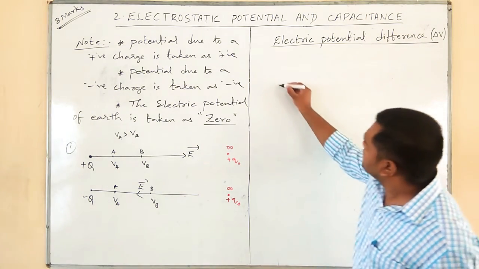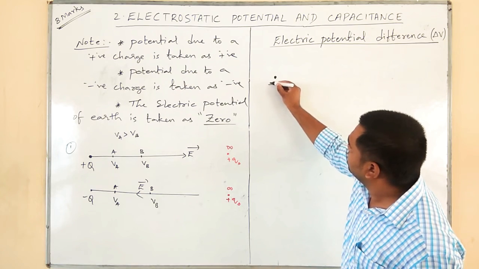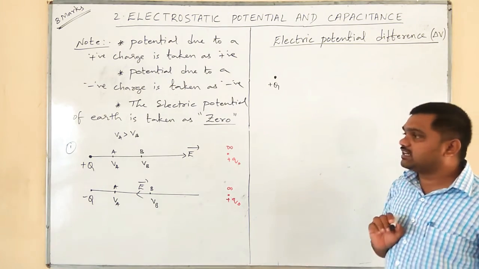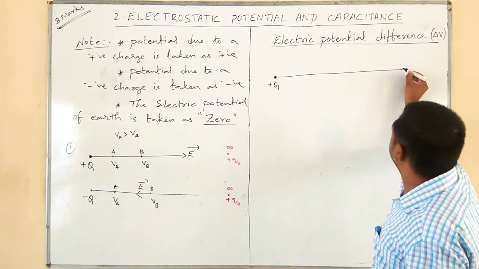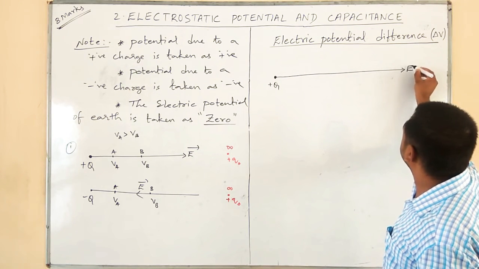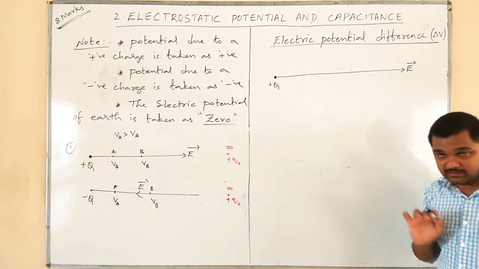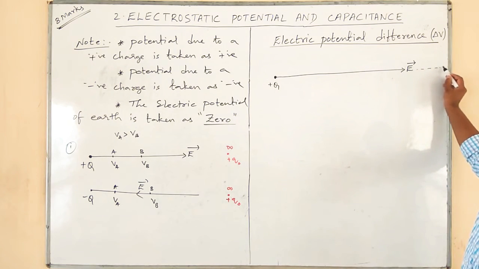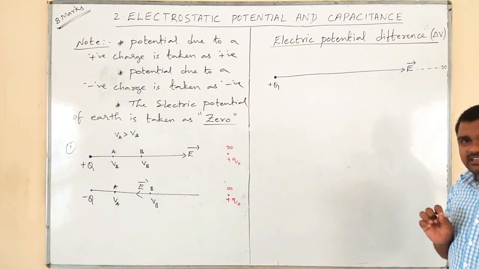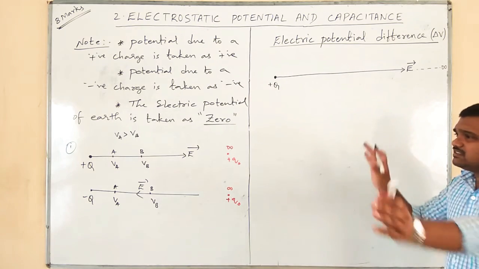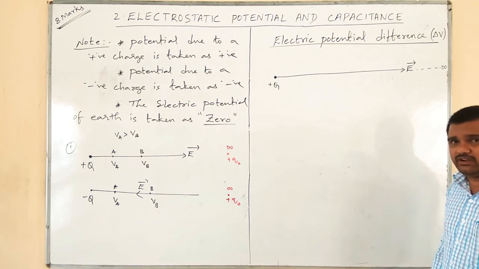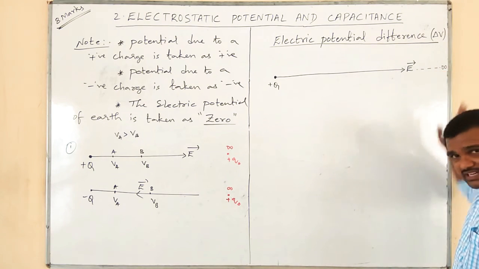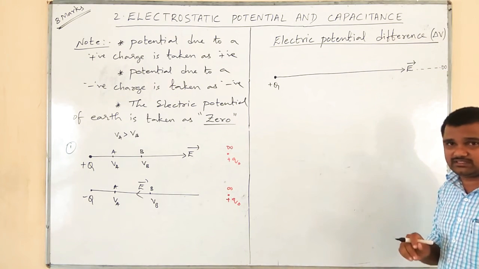Let us consider a source charge plus Q, due to which the direction of electric field is outwards and it will extend up to infinity. Why are we taking infinity? Because at infinity both the electric field and electric potential become zero. That is the reason why we always take infinity as a reference.